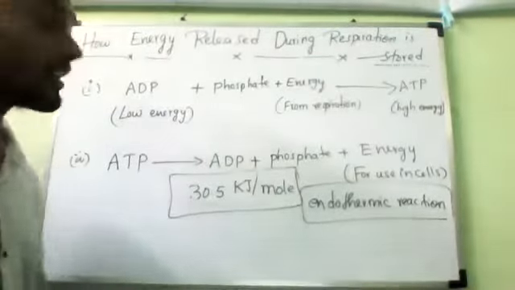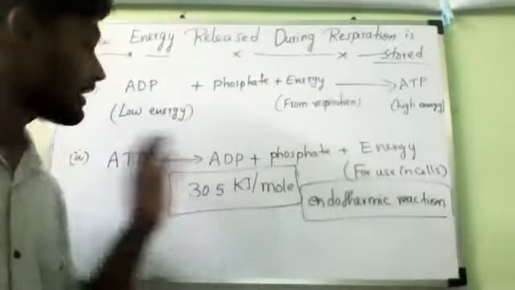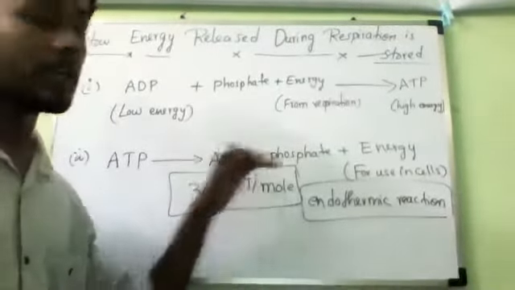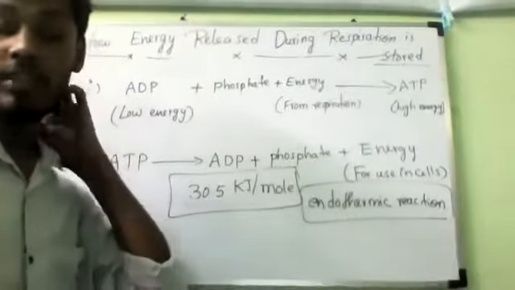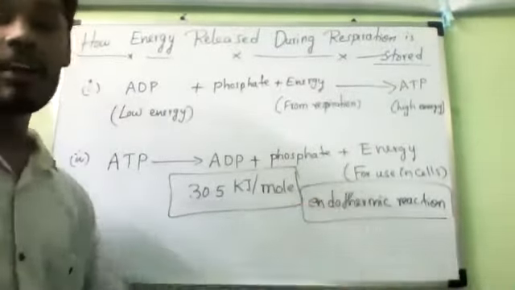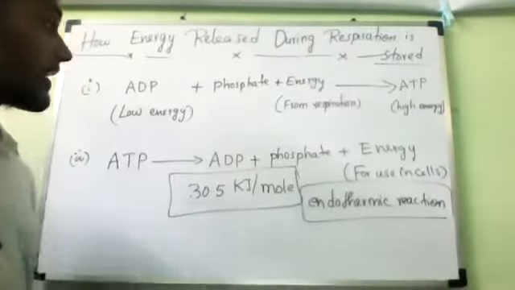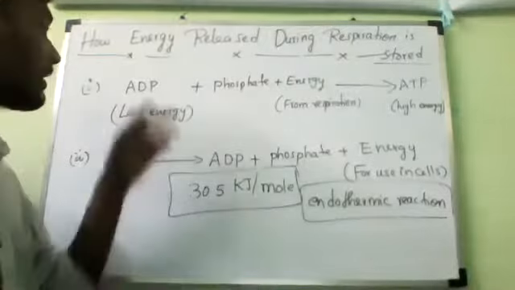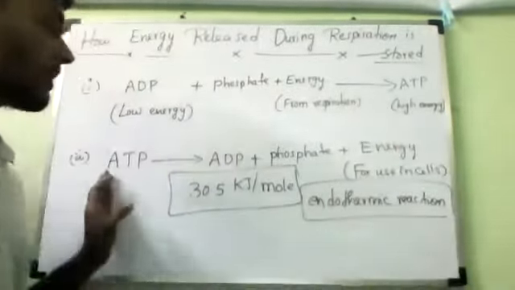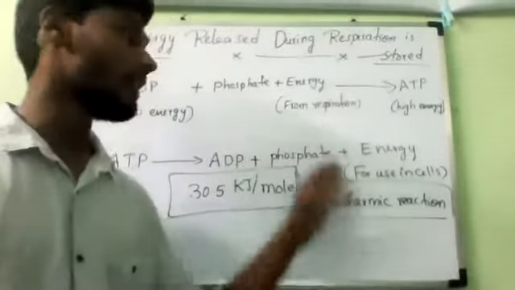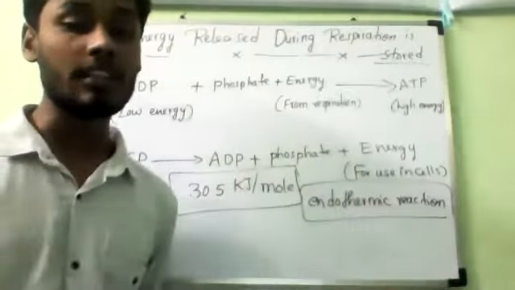As well as, ATP can be converted back into ADP by releasing energy, which is used by the cells again and again. In these two processes, ADP is always converting into ATP and ATP into ADP. Here absorption of energy, here release of energy.